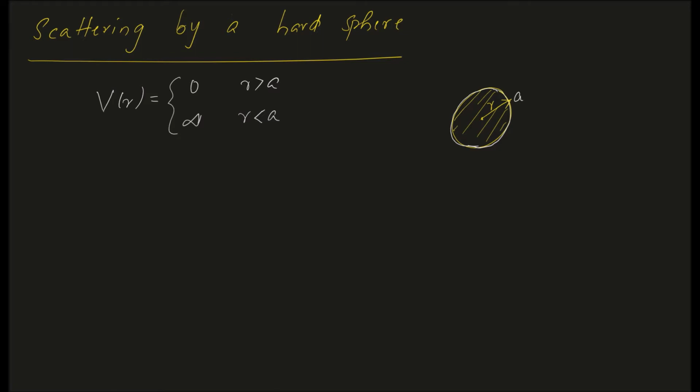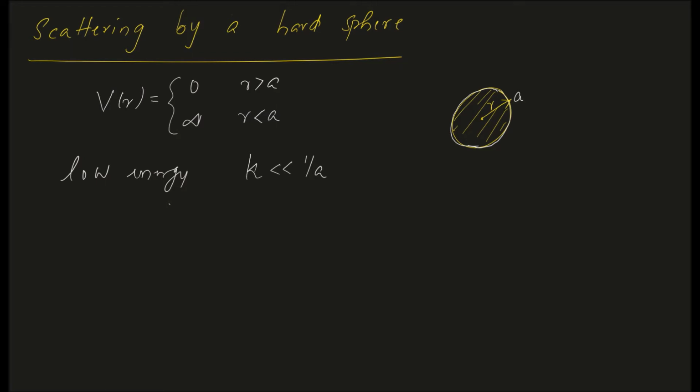Now we do it for two different energy ranges. In the first case, we consider low energy of the incoming particles. That means it has a momentum k which is far less than 1 by a, or ka is far less than 1.